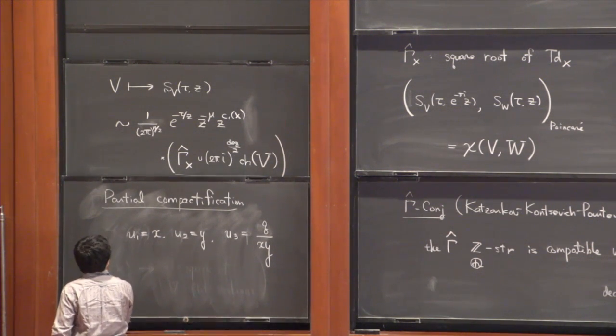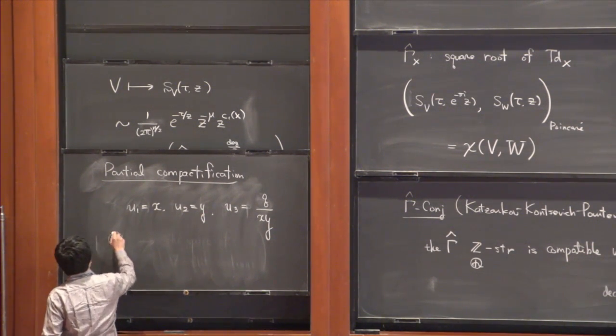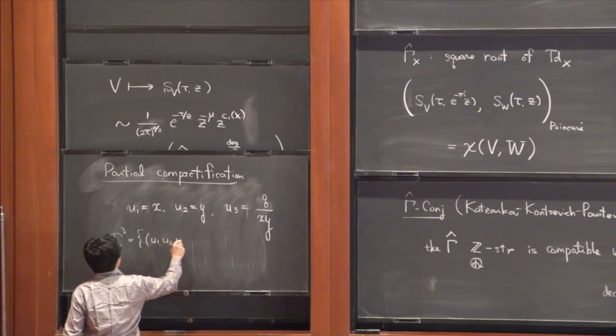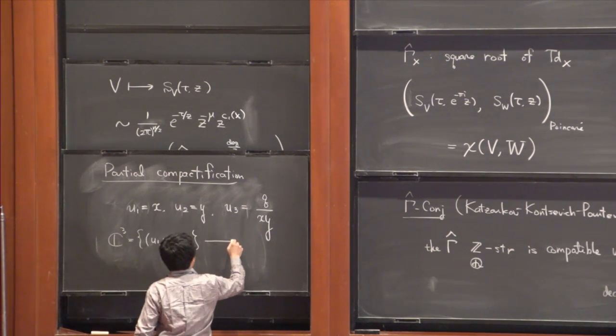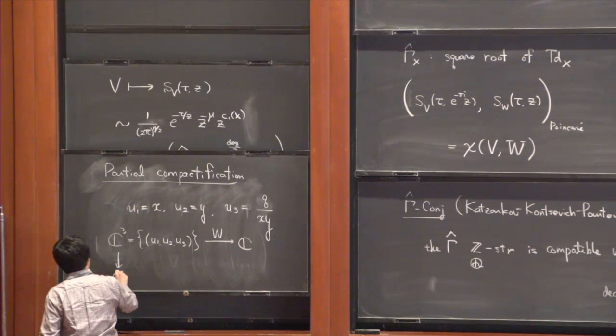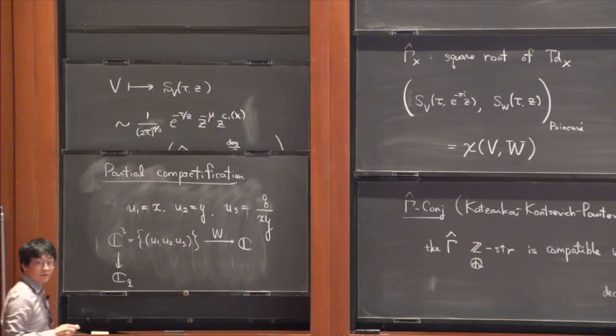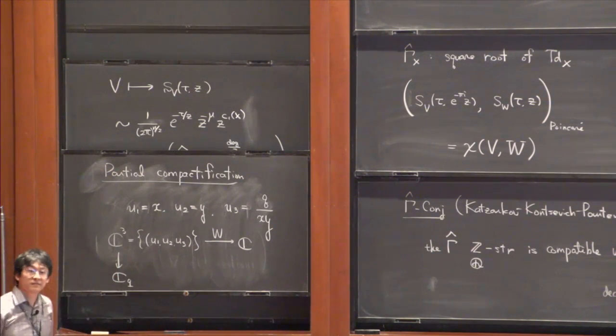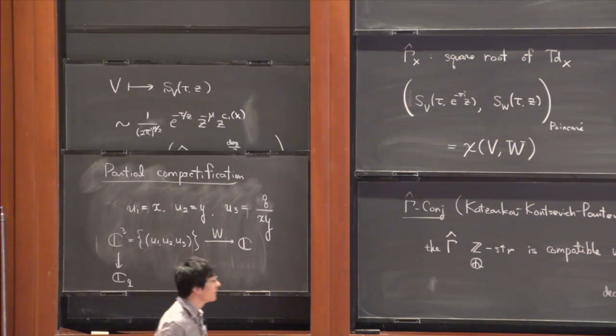C^3, this is a space with three variables, u1, u2, u3. And then I have the map W to C, and you have another projection to the q plane. As you can see from this definition, it is the Jacobian ring.